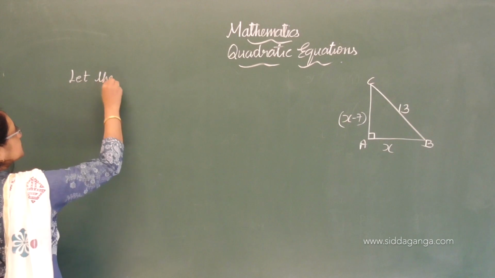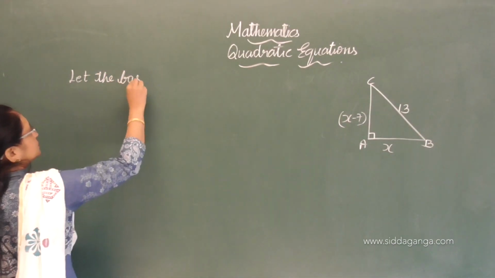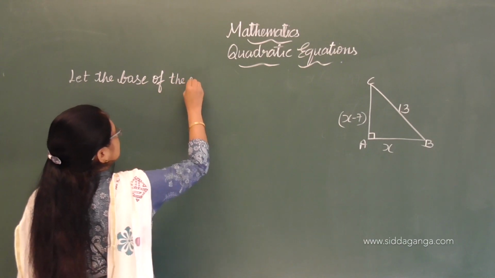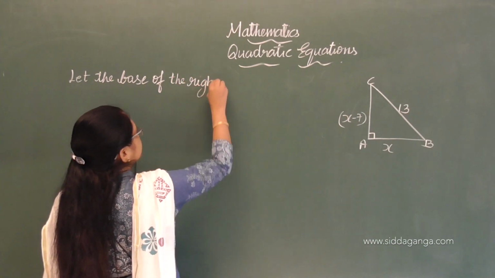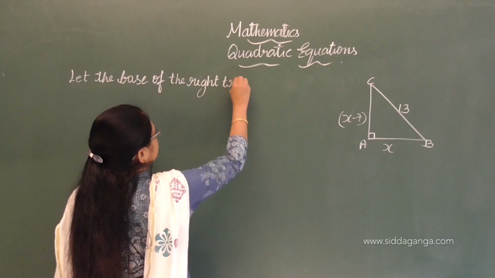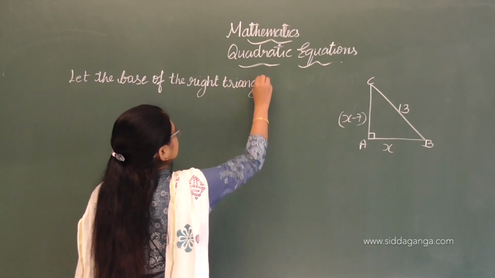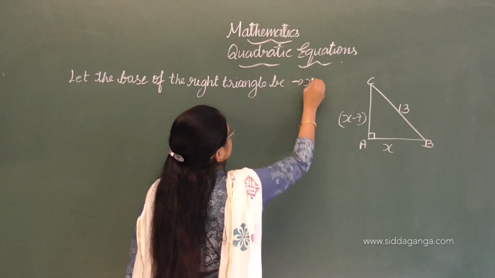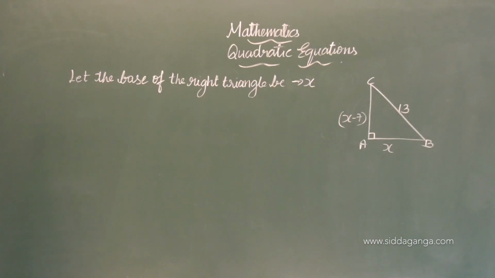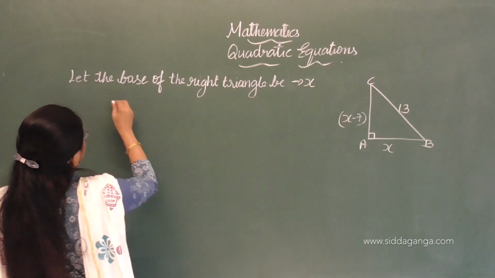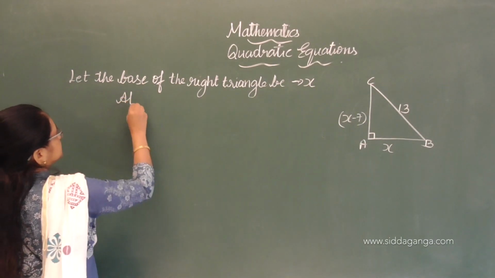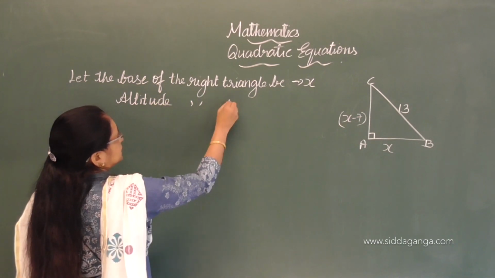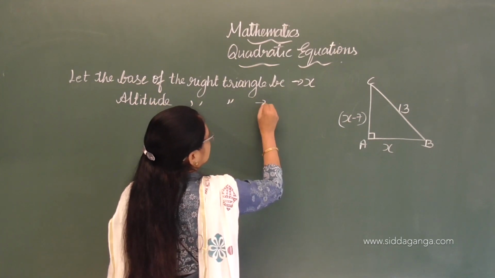Let the base of the right triangle be x. Let it be x. Okay. Then, therefore, altitude of the right triangle will be what?